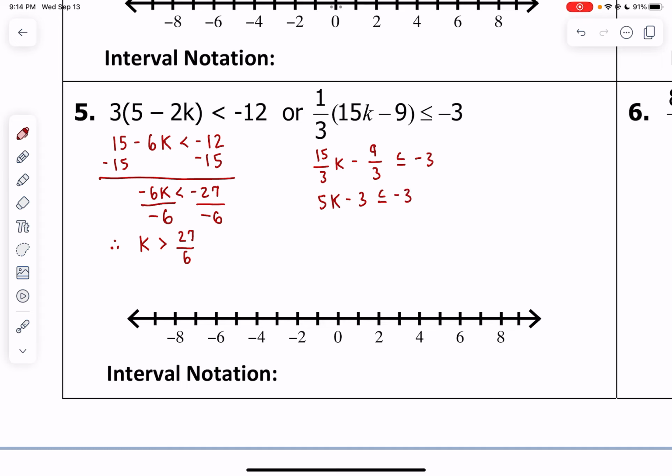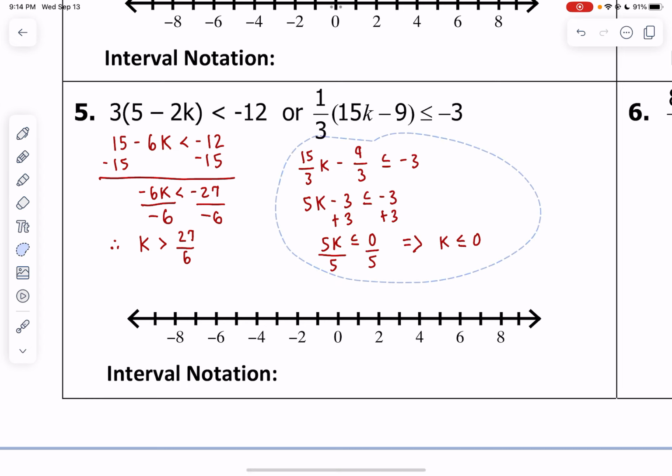And then at this point, we would add 3 to both sides. So you're left with 0 on the right-hand side. And then at this point, we would divide by 5. So therefore, this is another type of symbol for therefore, sort of like an arrow. So therefore, our k is less than or equal to 0. Because 0 divided by 5 would be just 0.